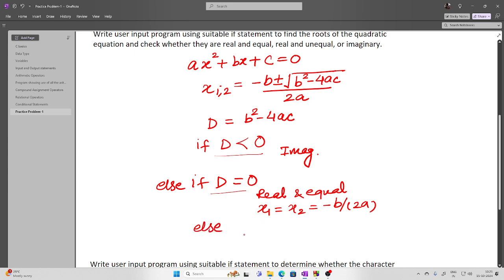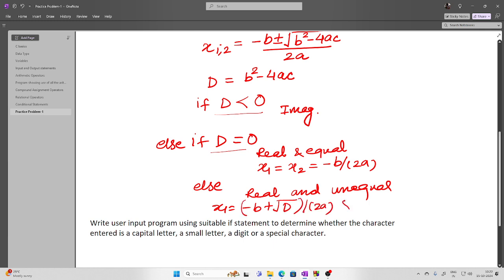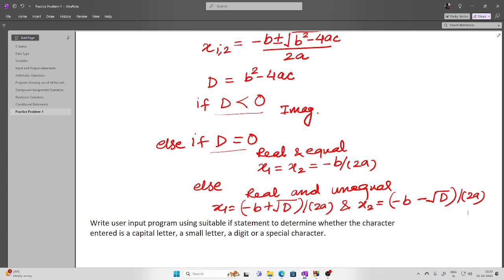Else, the roots will be real and unequal, and then the roots in that case will be: x1 will be minus b plus square root of the discriminant divided by 2a, and the second root will be minus b minus square root of the discriminant divided by 2a. So in this way we can work. So let us write the program for it.